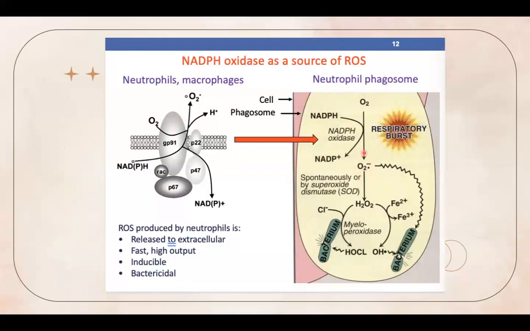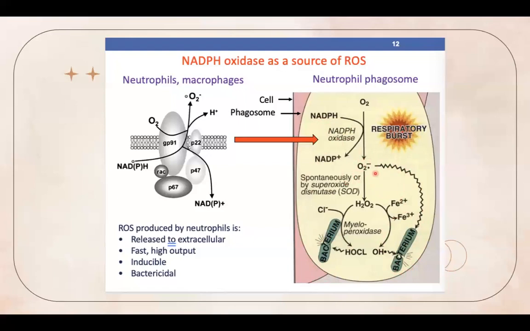So it produces free radicals, and it consumes a molecule of NADPH and converts it to NADP+. Then this superoxide is what will damage the bacteria that has been phagocytosed by the neutrophils. So the bacteria that's been engulfed by the neutrophils will be destroyed by this superoxide, or a free radical.